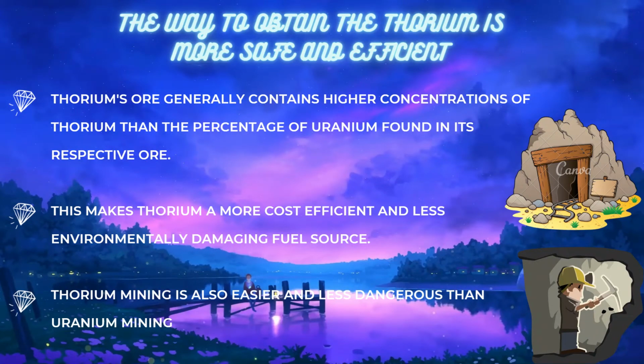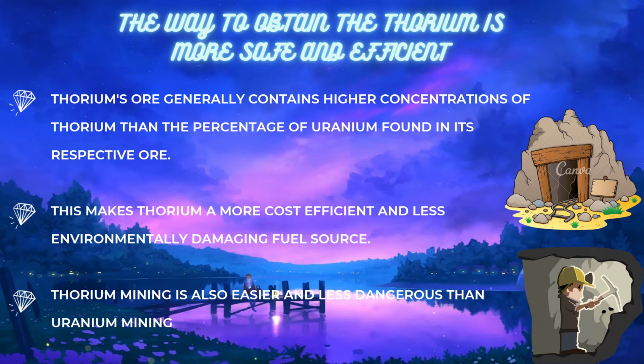The fourth advantage of the thorium-fueled nuclear reactor is that the way to obtain thorium is safer and more efficient. As we know, thorium ore generally contains higher concentrations of thorium than the percentage of uranium found in its respective ore.